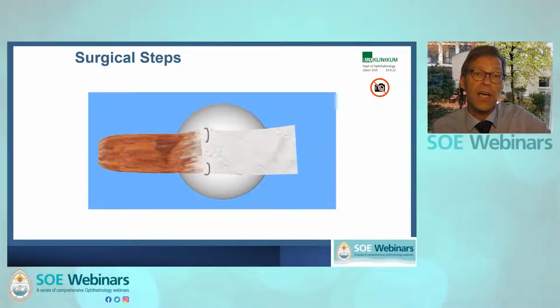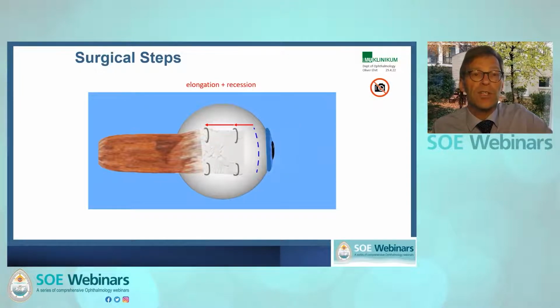Then I reattach the Tutopatch to the sclera with a recession and muscle elongation, which gives me the total effect of my surgery. Afterwards, I just cut away the anterior part of the Tutopatch.